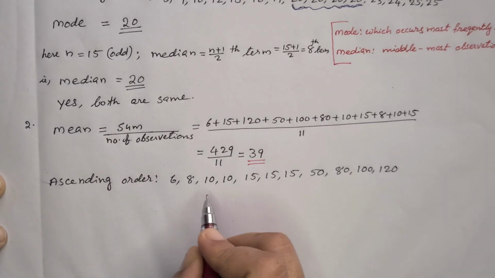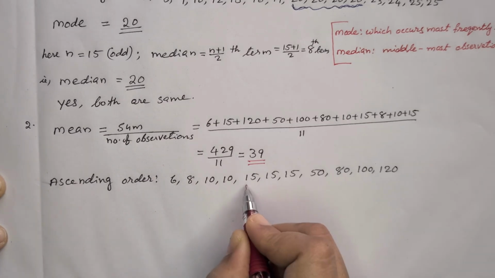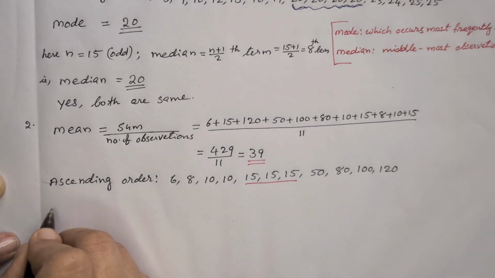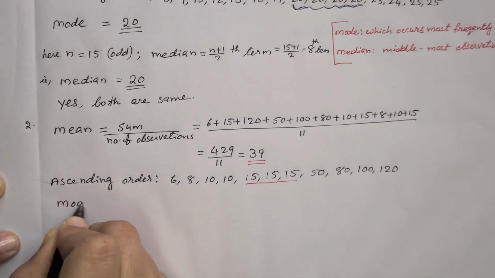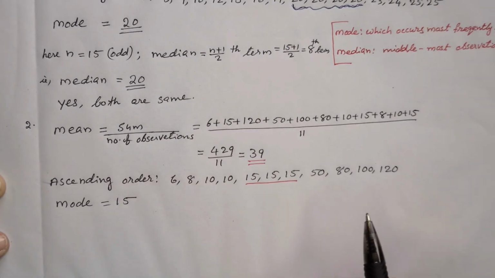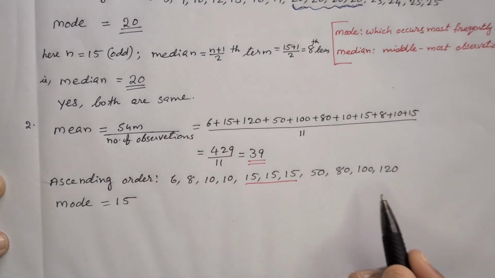Next mode. Here 10 is 2 times, 15 is repeated 3 times. So mode is equal to 15, the number which occurs the maximum number of times.